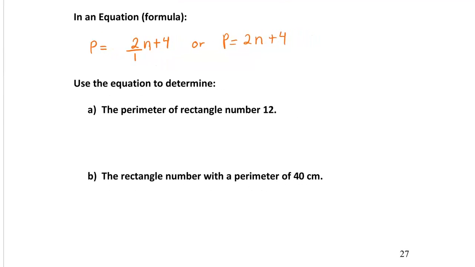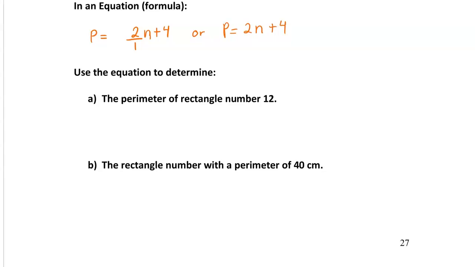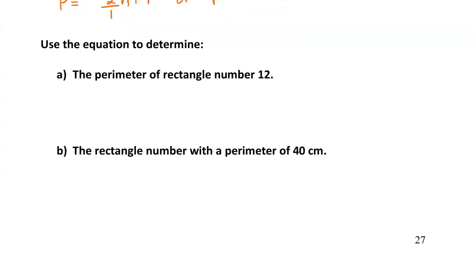The next thing that it's asking us to do is use the equation to determine the perimeter of rectangle number 12. So if we had the figure number 12 of the rectangle, what would our total perimeter be? Well, n in this situation is 12. Our equation is P equals 2n plus 4.